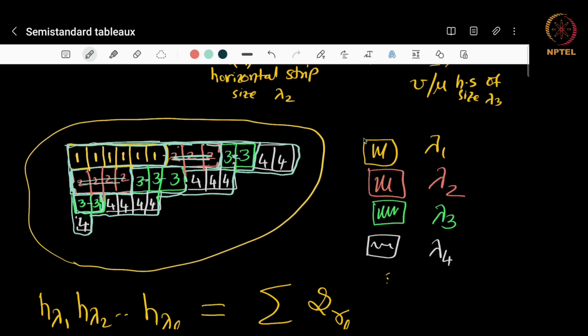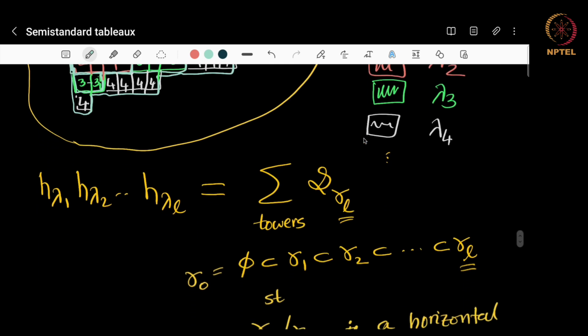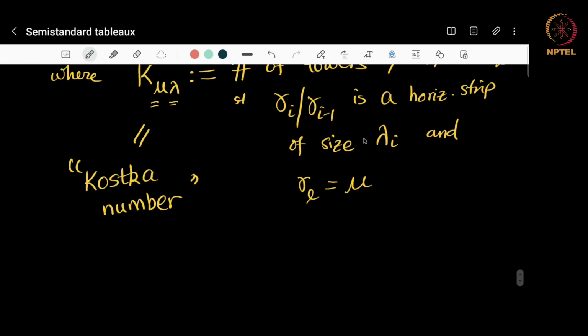That's never going to be possible. So two numbers in a column can't be equal to each other. That's what horizontal strip means. Again, I'm attaching boxes at later and later stages, so the numbers are weakly increasing, but because it's a horizontal strip, I also cannot have 2 2's or 2 3's occurring in the same column, and so on.